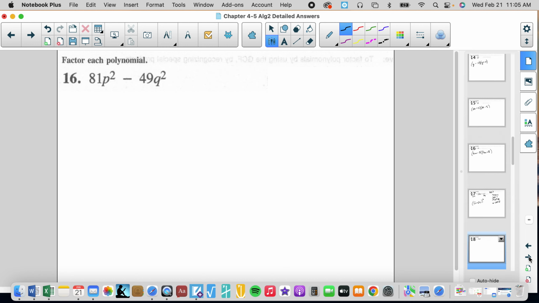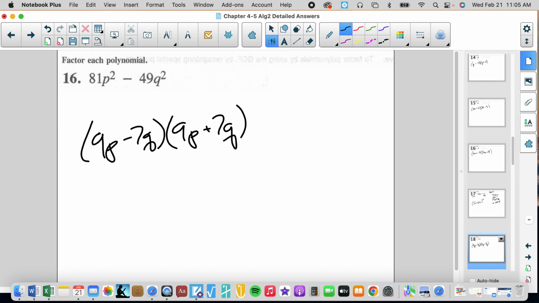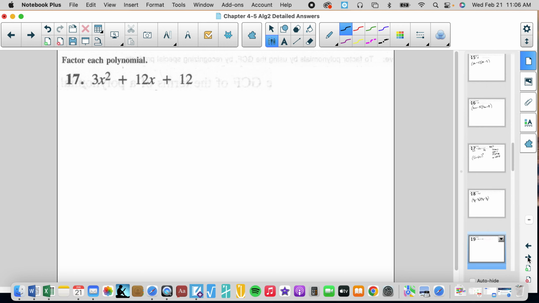Difference: 2 terms, subtraction, both perfect squares. So 9p minus 7q, 9p plus 7q. Remember, they have to be conjugates. They're identical, except the signs are different. 3 terms. Now, we didn't talk about this.